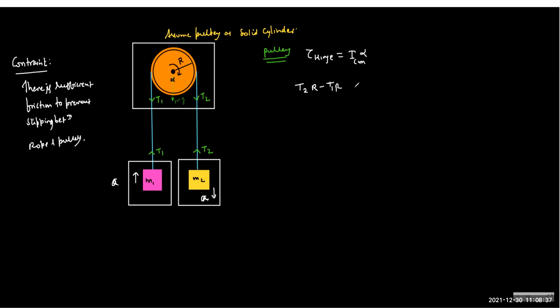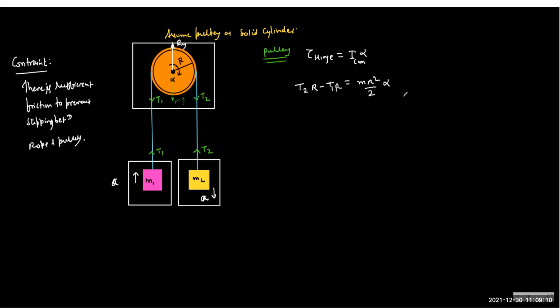So this is the net torque. Do we have any other force and any other torque? We do have some other forces like the hinge reaction, which I haven't drawn, Ry. We have mg and Ry, but we know that everything which passes through the hinge will produce zero torque. So that's why I'm not writing it. This is the net torque, and it equals the moment of inertia of a cylinder about the central axis, which is mR square by 2, into alpha.